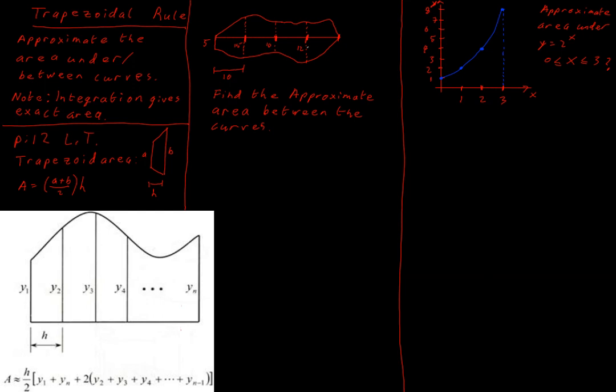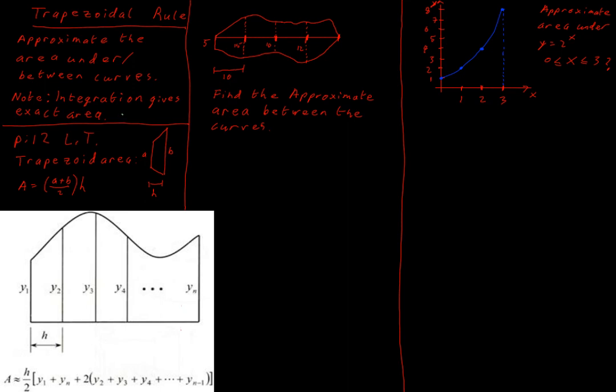So how much area is there approximately between these curves or between the x-axis and this curve here? That's what our formula is going to give us. A note that is important to make from an exams perspective is that integration, something that we are going to do in the future in calculus, gives us the exact area underneath a curve.